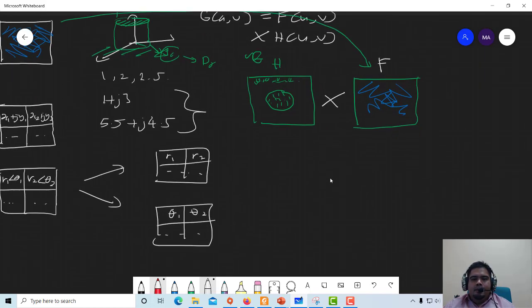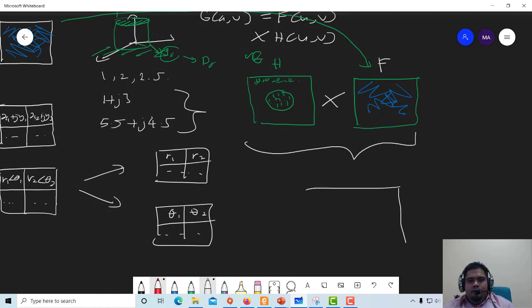So what happens is that finally, the product of these two gives you something like this. This is your G(u,v), because the part inside the circle is retained and the rest becomes 0.